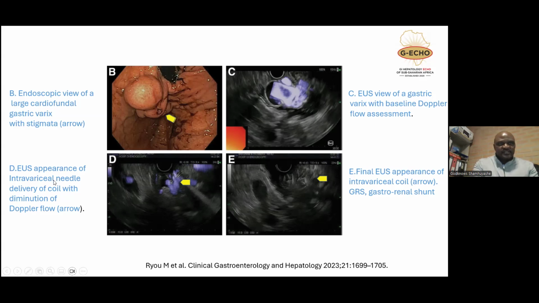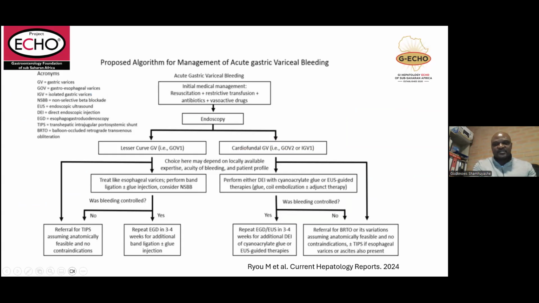And on D, the needle has been displaced intravariceal and the coil has been delivered, and you can see that your Doppler flow is reduced, and finally this was after the glue injection. After the procedure, after the coil placement, it shows that there's no more Doppler flow. It's like the obliteration has been made.